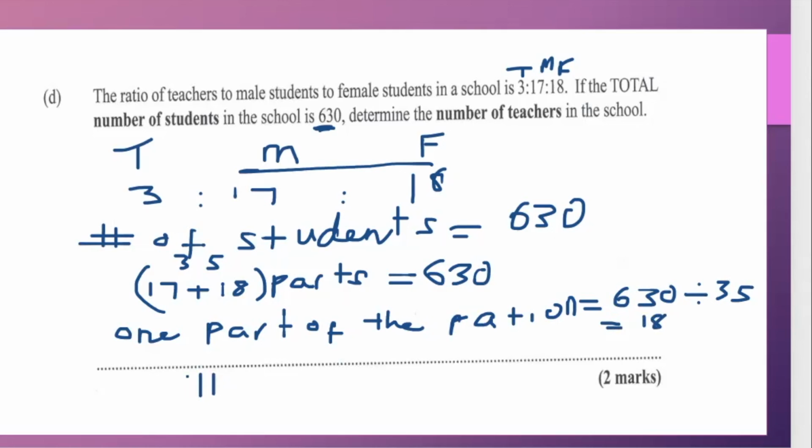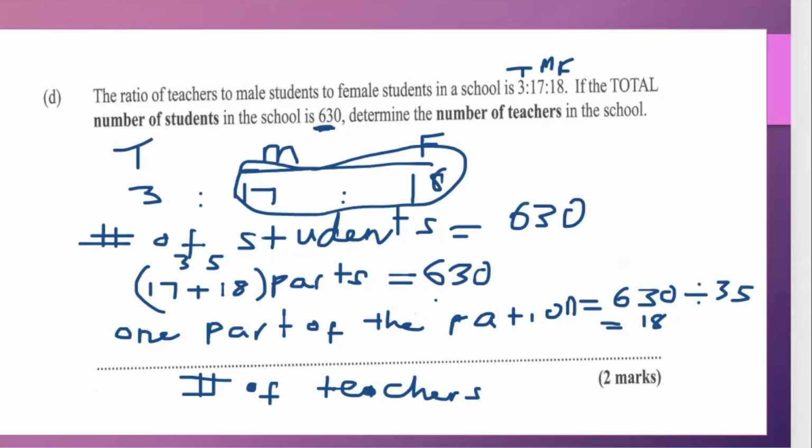So it means 18 persons. So for the teachers, I have 3 parts, which means I'll have 18 plus 18 plus 18. The number of teachers, the ratio says I have 3 parts.